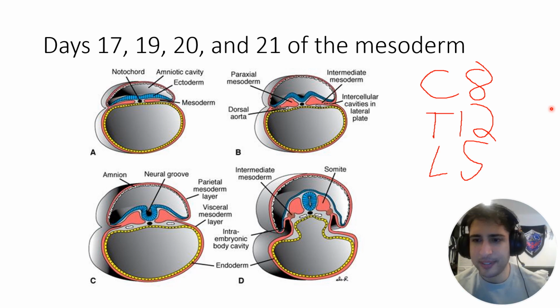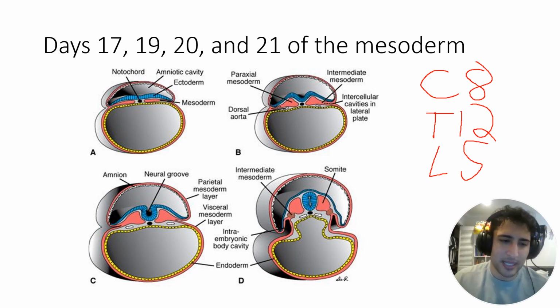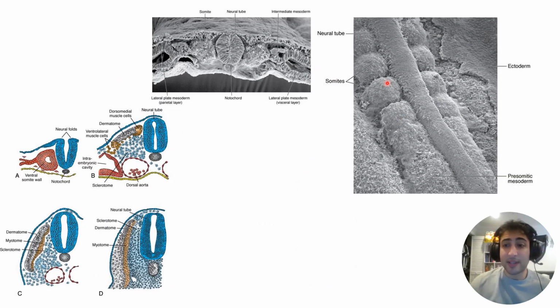So here's how it works. When the somites first form, they're just a clump of mesenchymal-like fibroblast cells. Mesenchymal means loose connectivity. It doesn't have a well-defined structure.